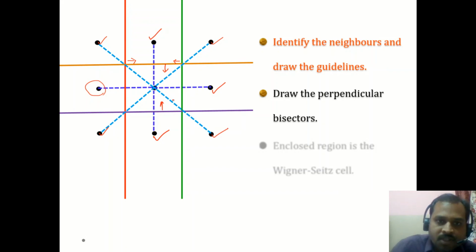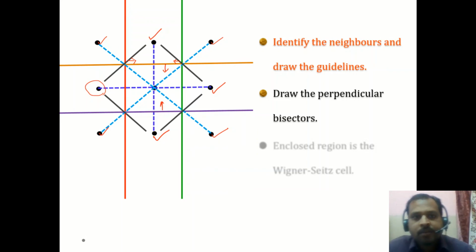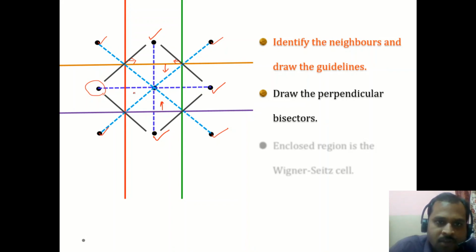For these points also we have to draw the perpendicular bisectors. Since it is a square lattice, we can see that this bisector matches with that of the other points. That is why they do not contribute to this Wigner-Seitz cell. But this is true only for the square lattice. For other symmetries, this is not always the case.